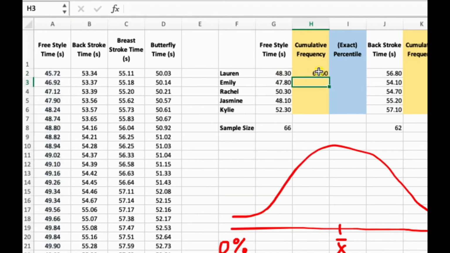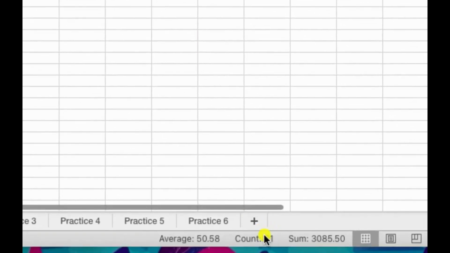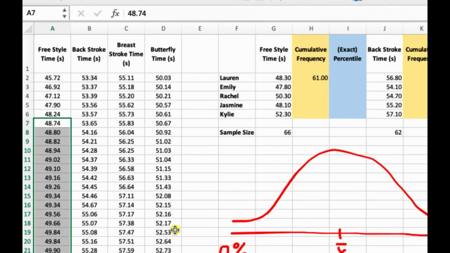We can then see that there are 61 people, and if we wanted to double check this, we can say where's 48.3, or what value is closest to 48.3 in our distribution. Then we see that there's kind of a discrepancy here. So if we highlighted all of the data that were below, we can see the count, or the frequency, is in fact 61. So our function worked. Yay!